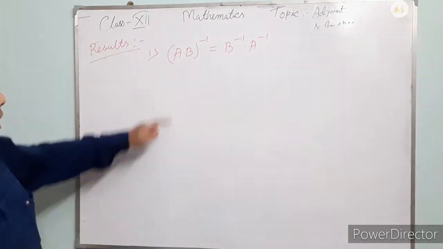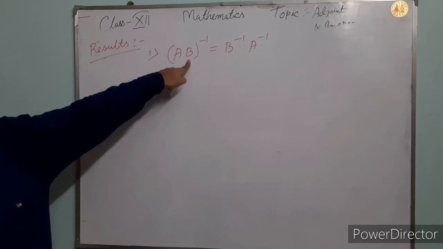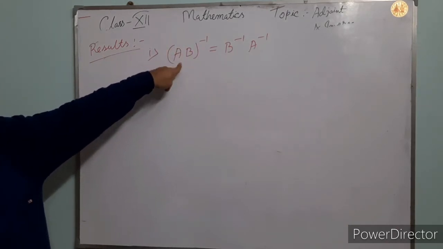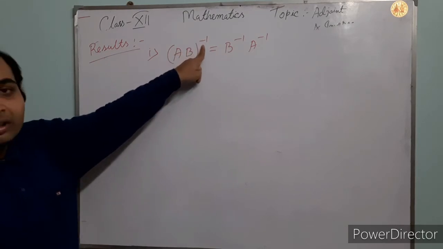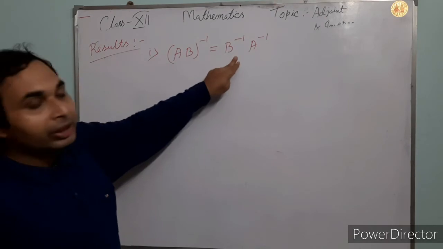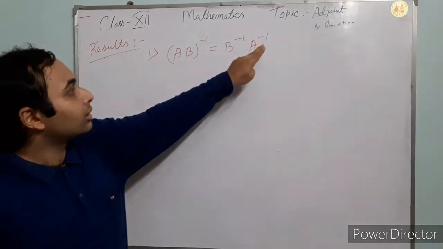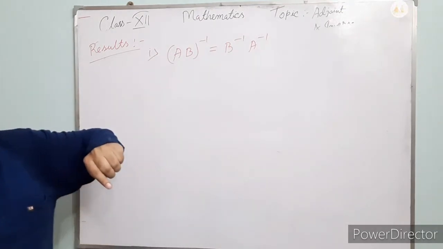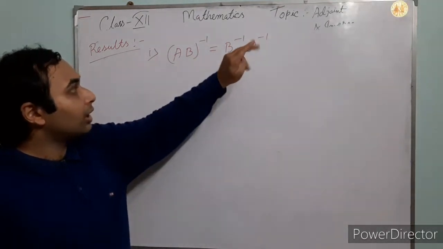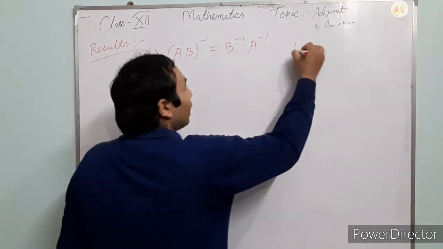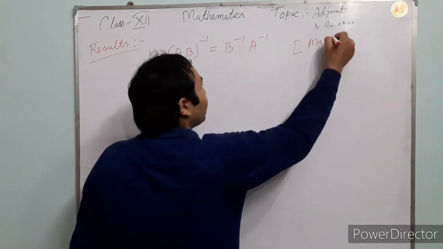If you multiply those square matrices and then find the inverse, it will be equal to the multiplication of B inverse and A inverse separately. You can find B inverse and A inverse and do the matrix multiplication.